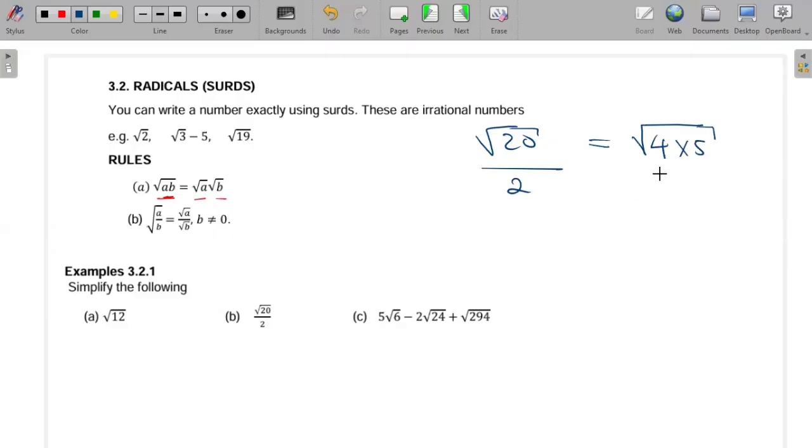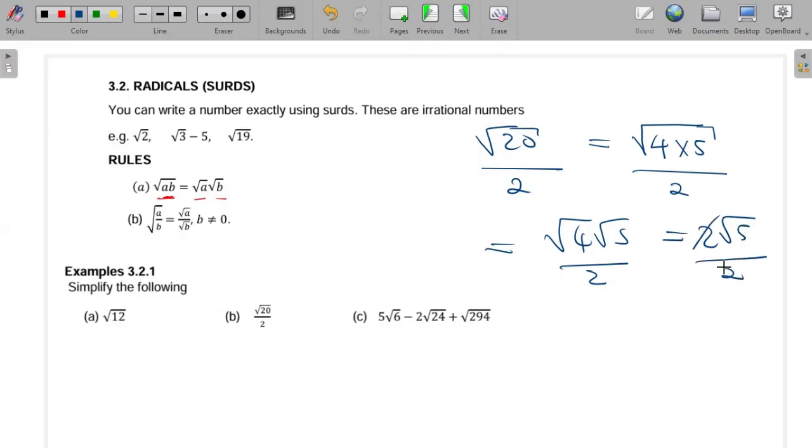So this is going to be the square root of 4 times the square root of 5, divided by 2. The square root of 4 is just 2, and you have the square root of 5 there, and you have your 2. So you divide this 2 into there, and then you just have the square root of 5. Like that, you have simplified. Okay.